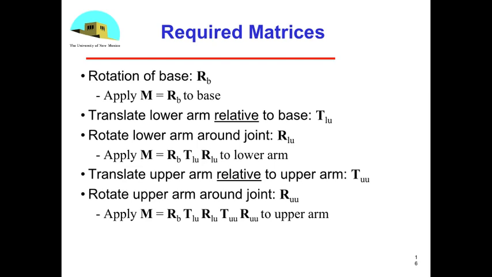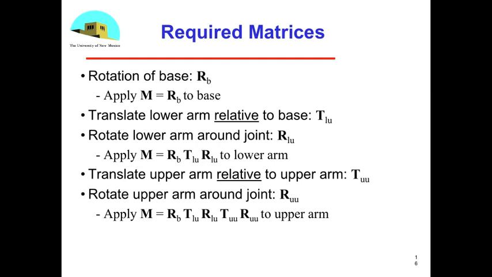Now, if we think of it incrementally, then we're going to translate that lower arm up to place it on the base from where it's located in its own coordinate system. So I need some transformation matrix TU, which is just going to raise the y value. And then it's going to rotate by its own angle in its own coordinate system.